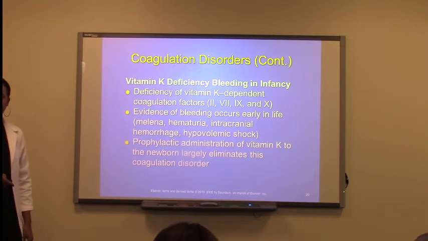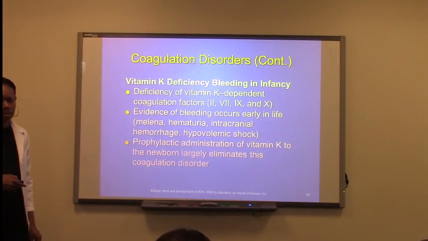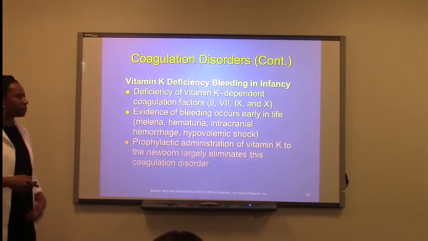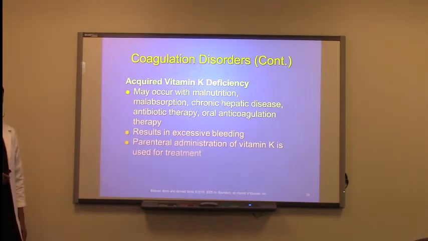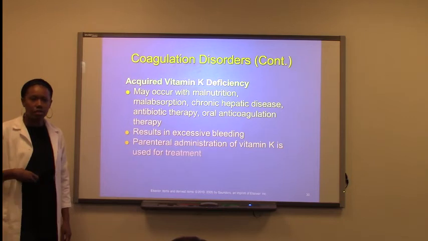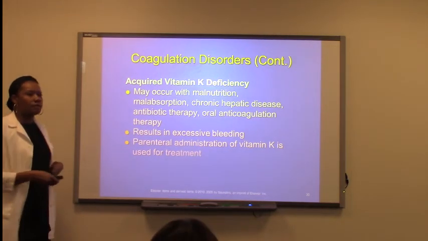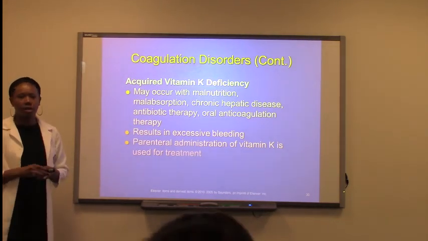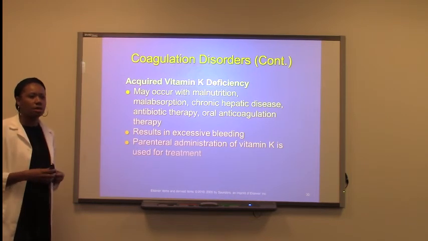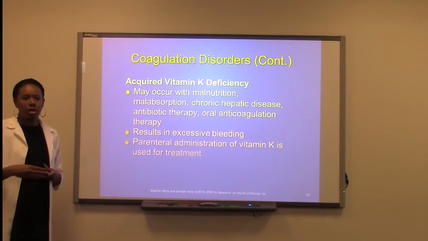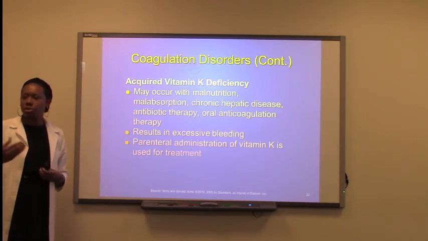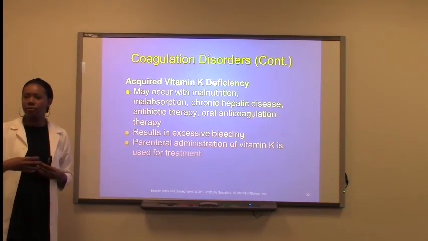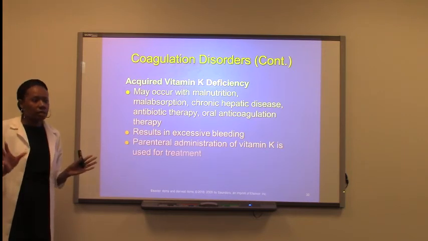So how do you treat this? Vitamin K. That's easy enough. Now, same thing with adults. Adults can have an acquired vitamin K deficiency. Number one thing, obviously, is nutrition, if they're not getting the proper nutrients. Also, malabsorption. When we get into GI, you'll see that there are some malabsorption diseases where, when people eat certain foods, that doesn't mean they're in the clear.